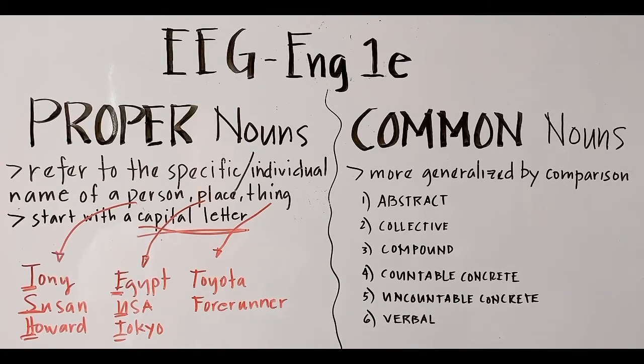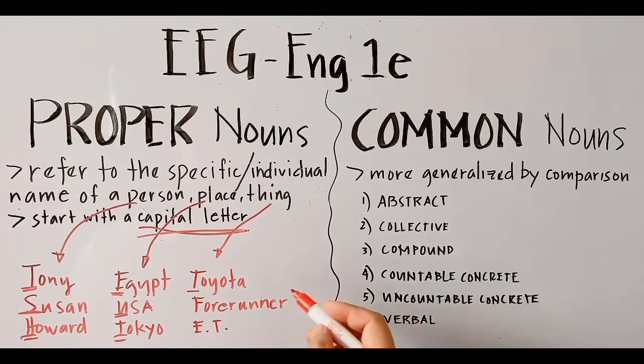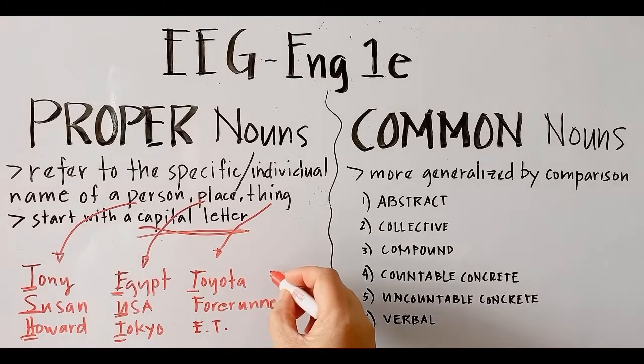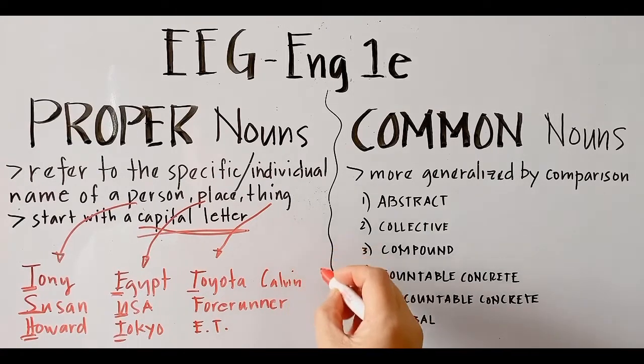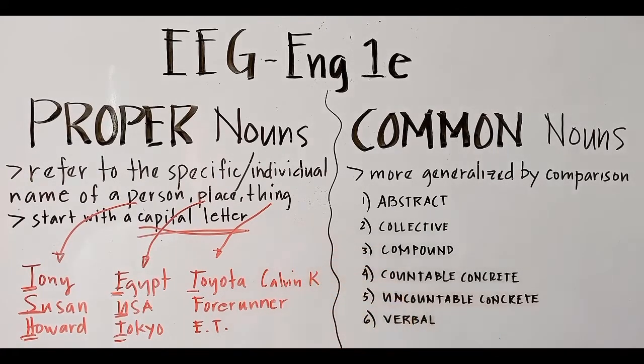It can be a title of a book. What title is that? It can be E.T. It can also be the name of a jacket, like Calvin Klein, maybe, or CK. Right, so they all start with capital letters. So these are the proper nouns.